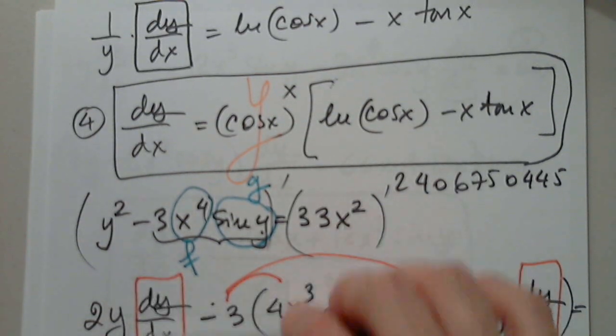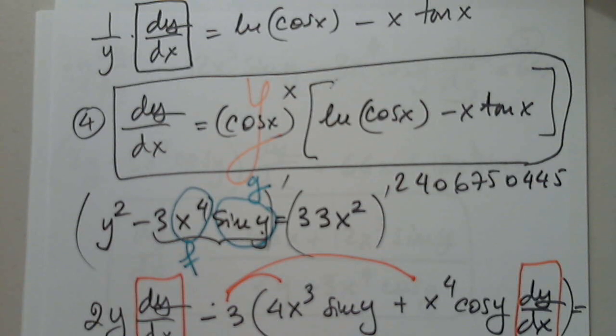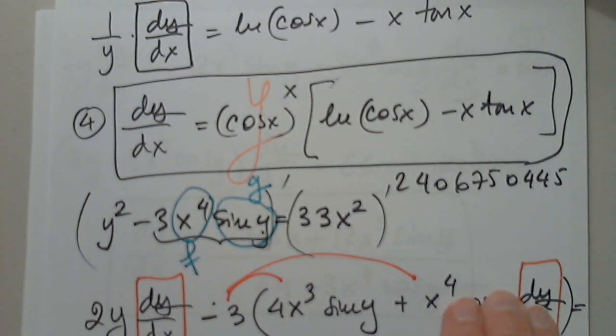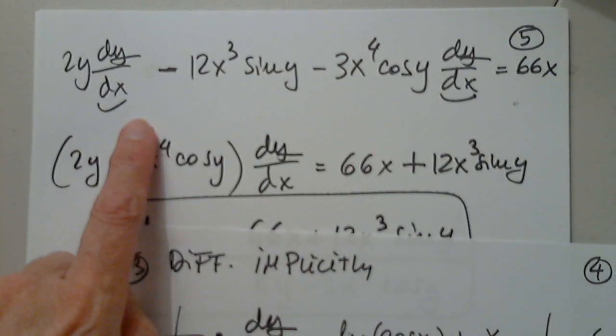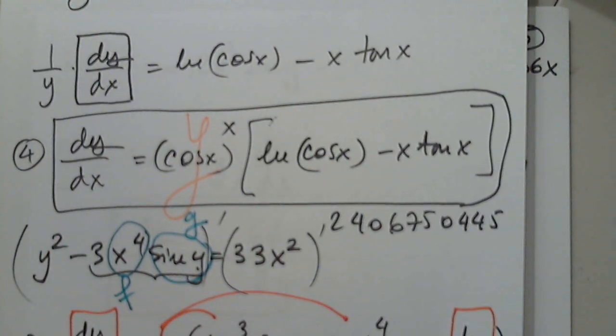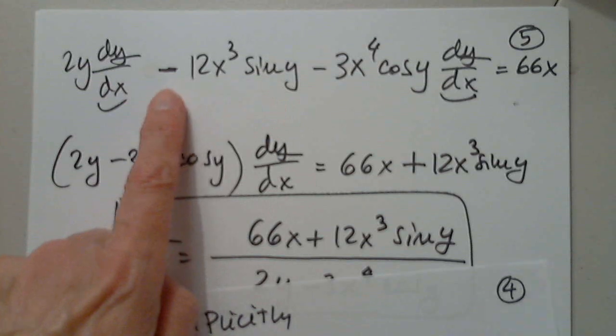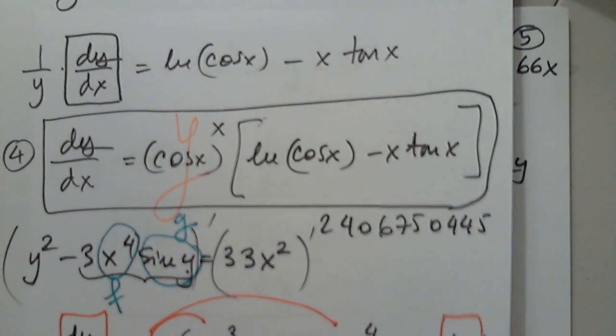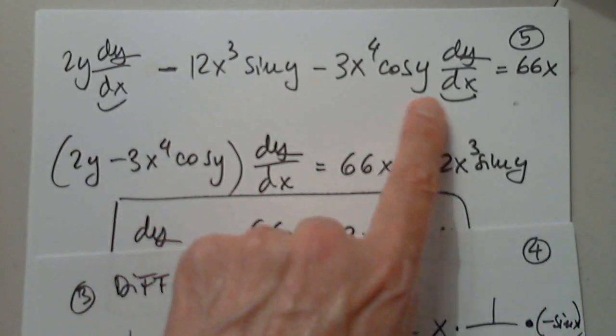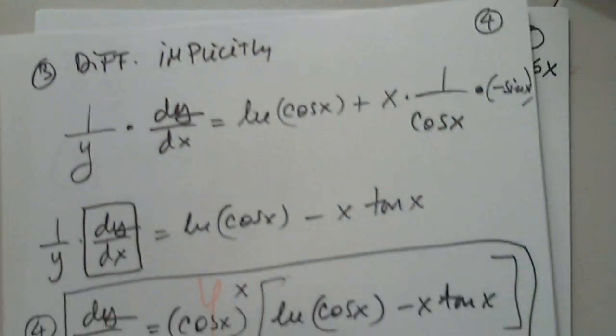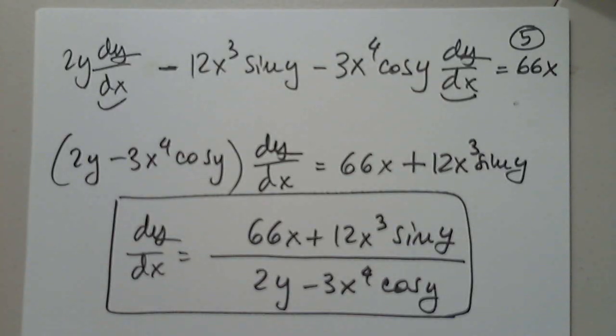Thanks. And now from here on, it's just algebra. I have to distribute -3 to these two terms. So I have 2y dy over dx, -3 times 4, -12x cubed sine y. And then -3 times this, -3x to the fourth cosine y dy over dx equals 66x. Is that okay?